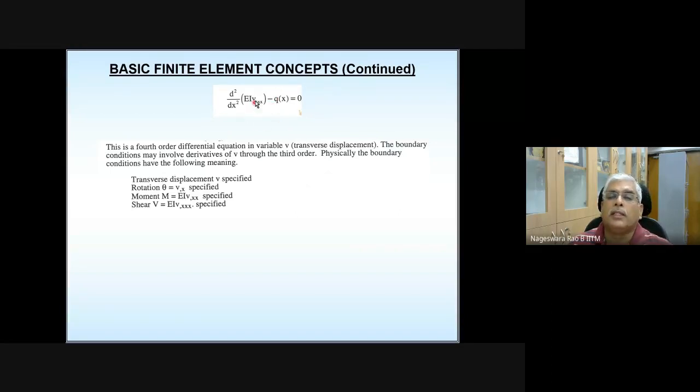Okay, this is nothing but EI times curvature is nothing but your moment, and this is a fourth order differential equation. 4 boundary conditions are required to solve this, and these 4 boundary conditions can be any combination of this. Okay, so you please make a note of this.